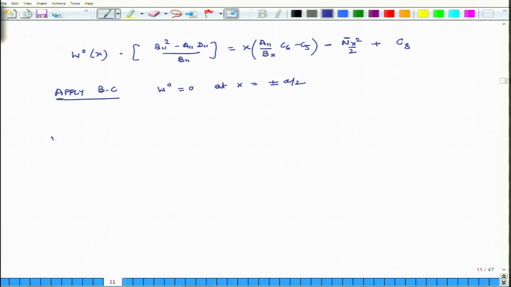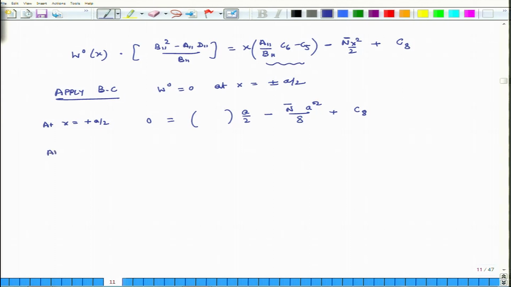So, if I apply at x is equal to a over 2, I get 0 equals this entire thing times a over 2 minus n bar a square over 8 plus C8.